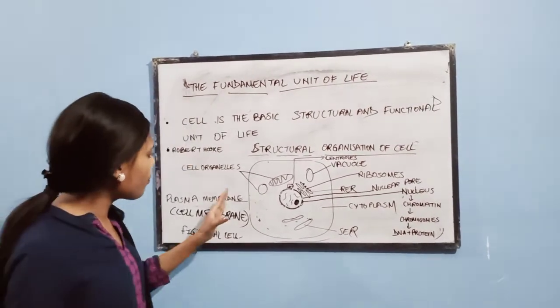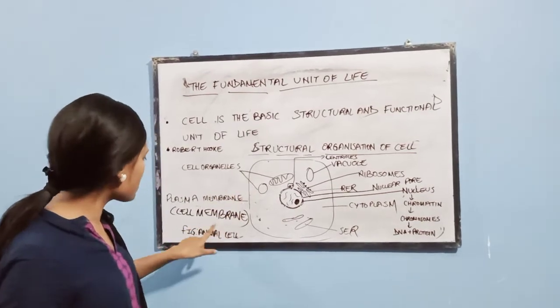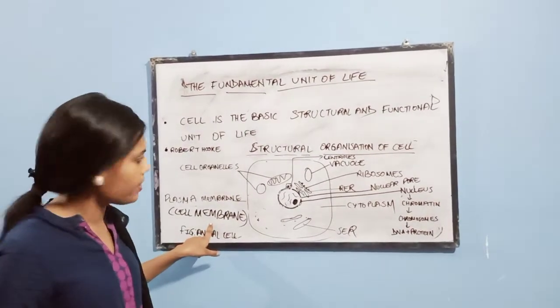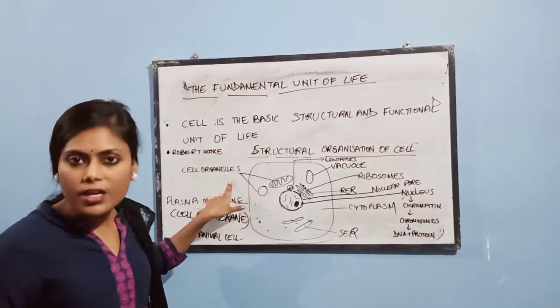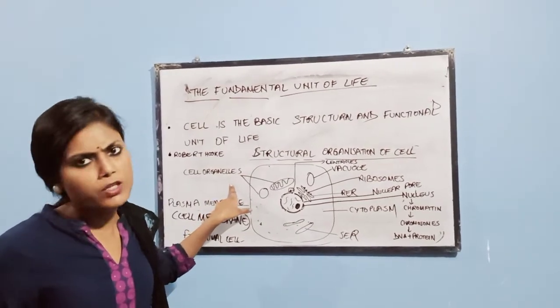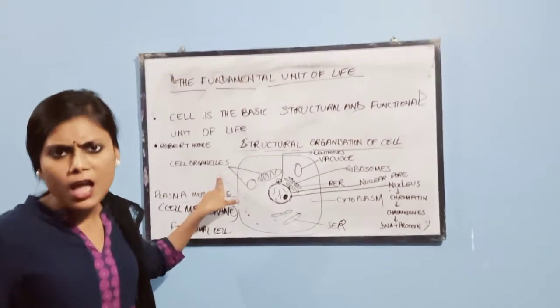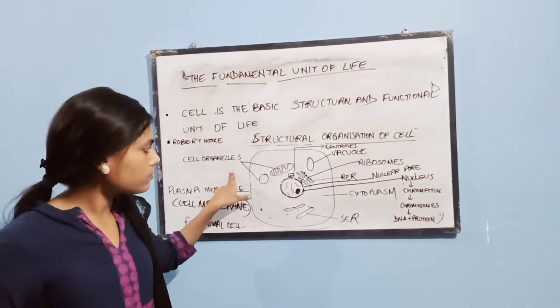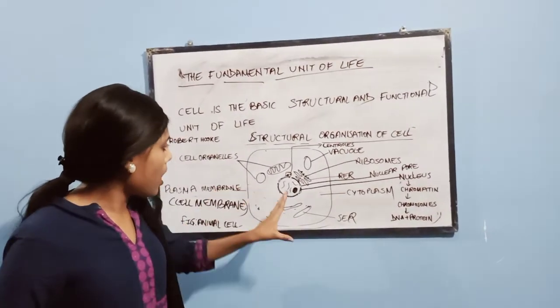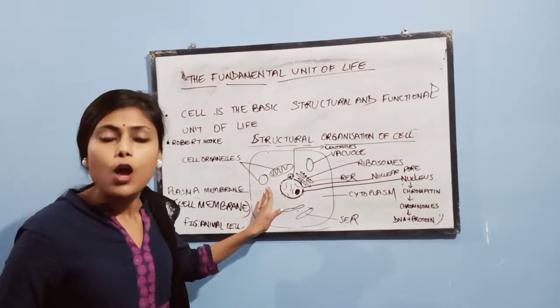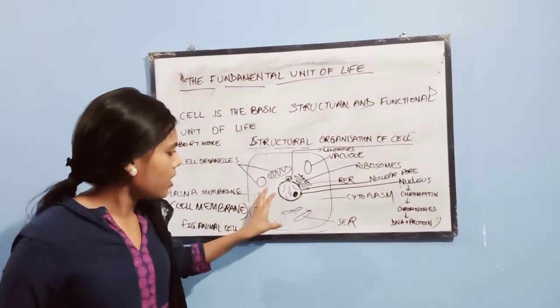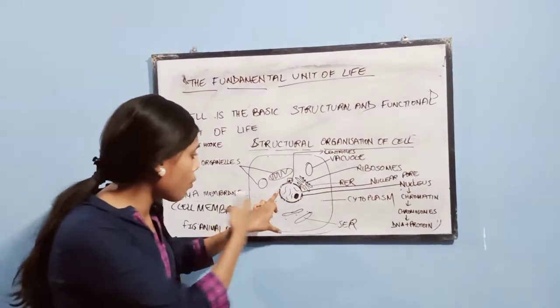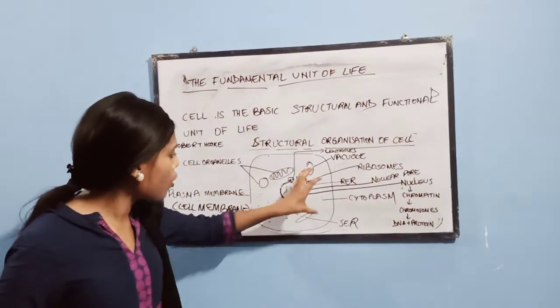The next important component of the cell, besides the plasma membrane, is the various cell organelles, which include the mitochondria, Golgi bodies, endoplasmic reticulum, etc. Besides that, we have the most important component in the cell, which is the nucleus. But before going into the nucleus, let us look into the other components.